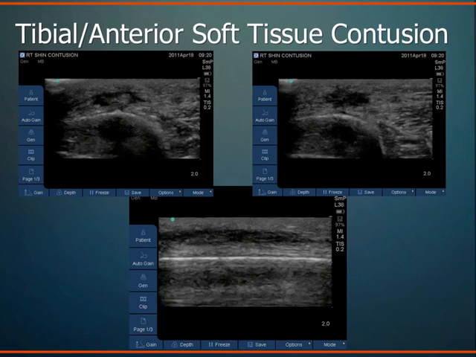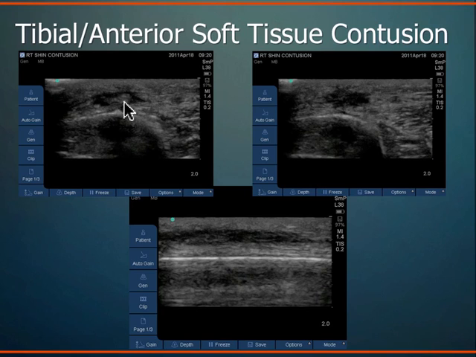This was a baseball player a couple weeks ago who got hit in the shin with a baseball, a kind of classic tibial contusion. Not necessarily something you would typically image clinically, but just a good example of what you can see on ultrasound. So I imaged it, and what you see here is a short axis view of the tibia, a long axis view of the tibia through here, and you can see the superficial subcutaneous collection of fluid from the hematoma from tissue disruption, and here you can actually see a little bit of tissue debris.